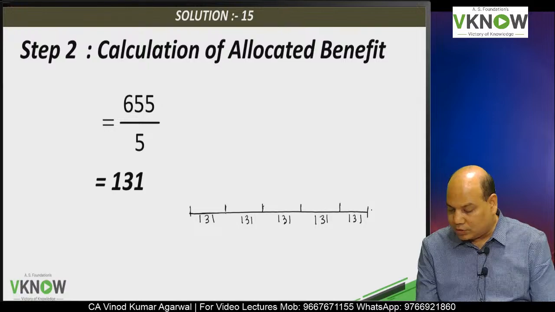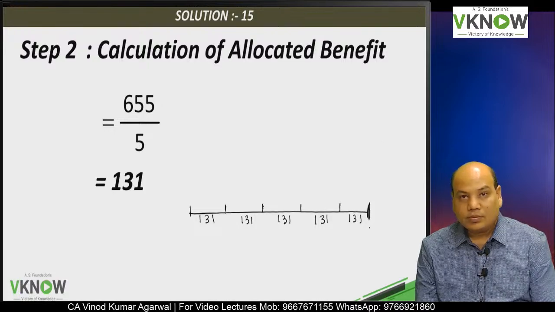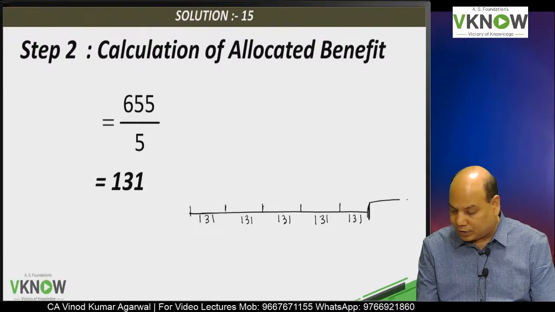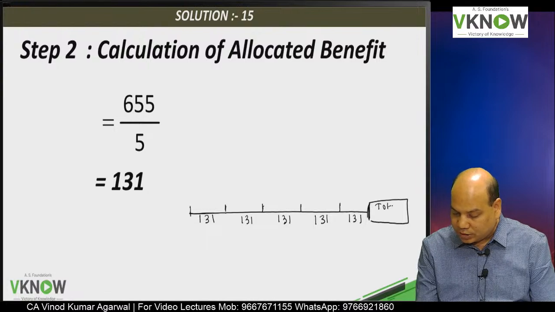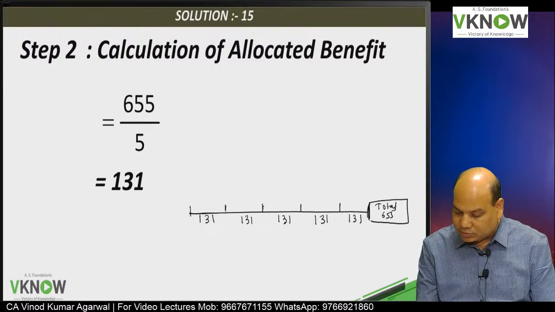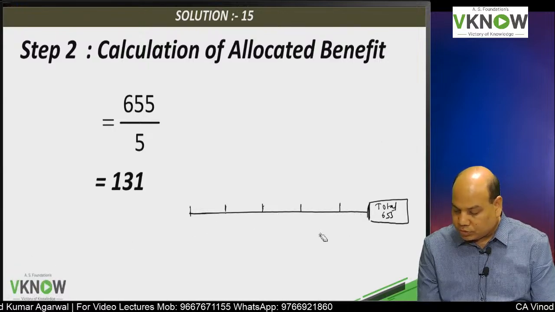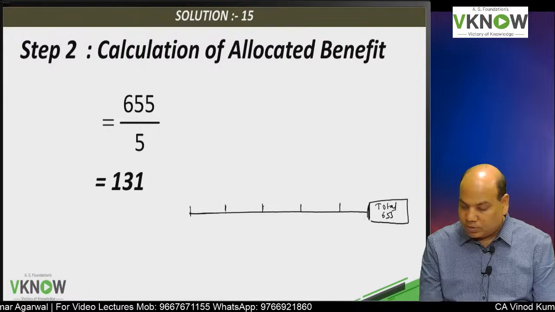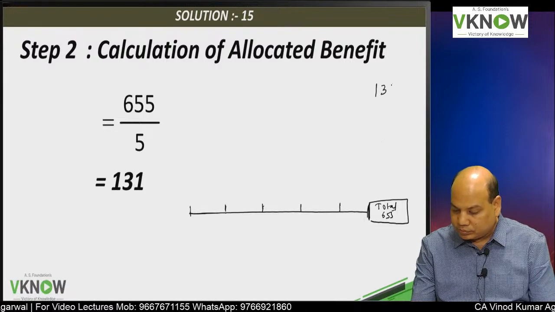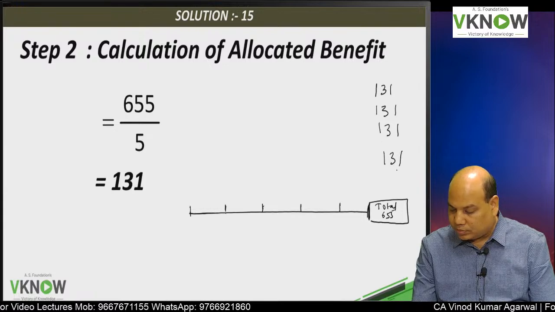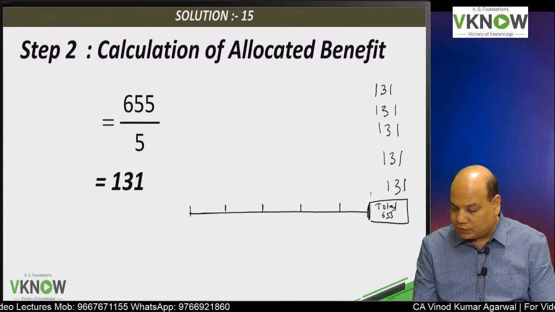So the total amount he will get at the end of year 5 will be 655. But now there is a small issue. The amount will not be paid to him today. The amount will be paid to him at the end of the 5th year.